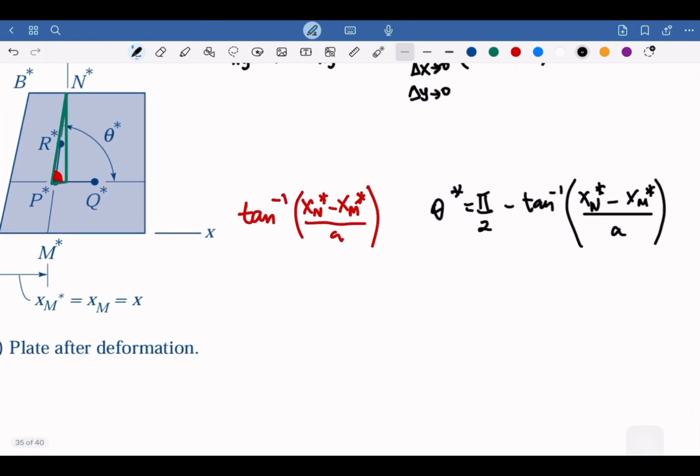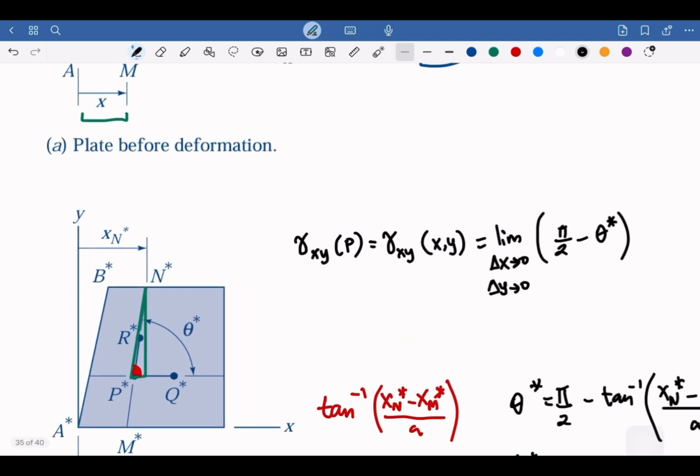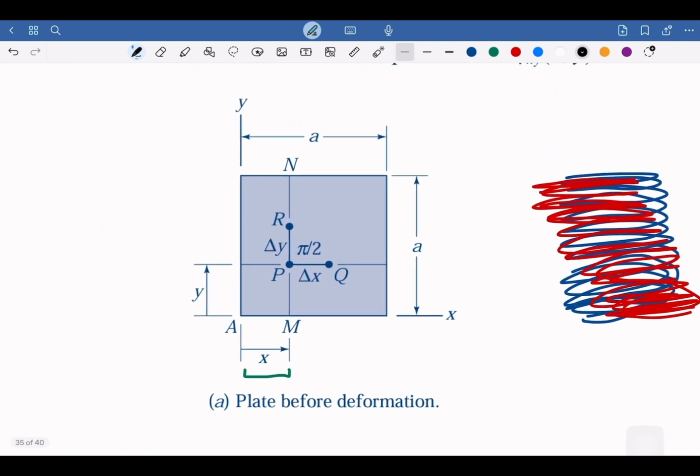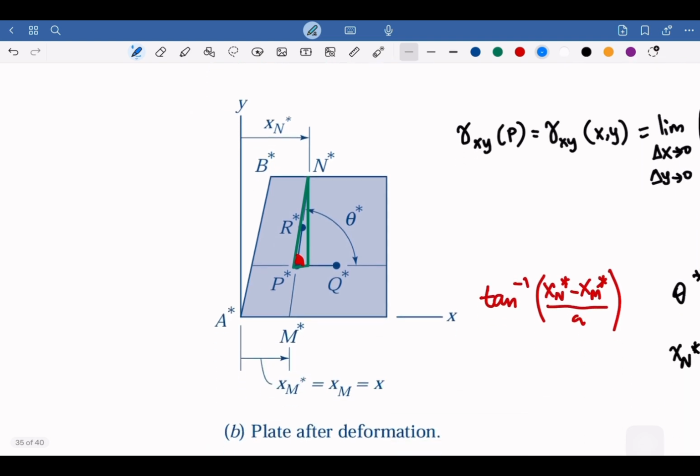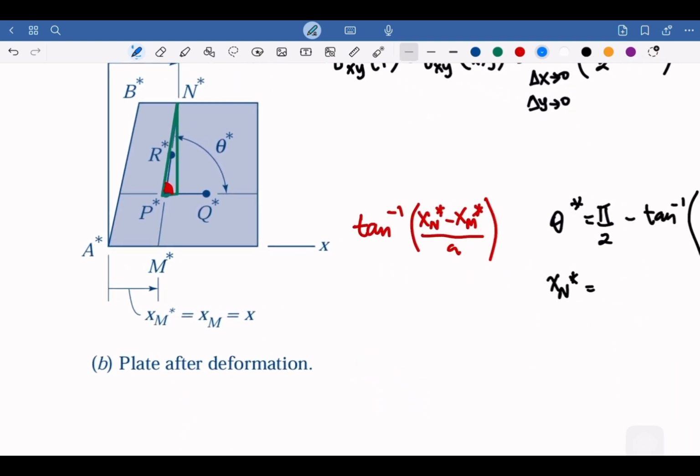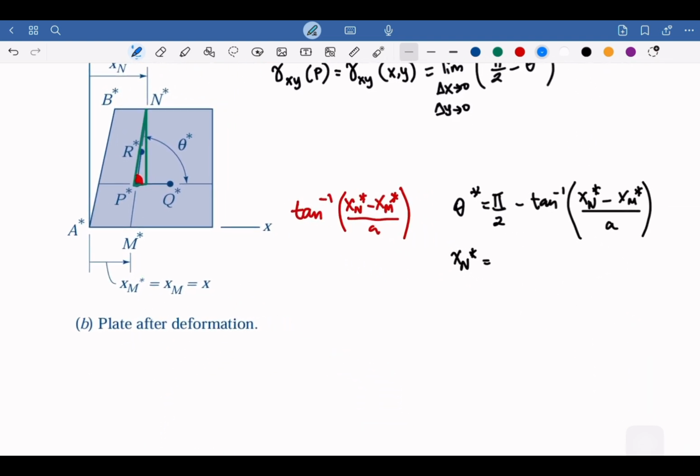And then what is xn? If we could see the idea, this is the original. The original length for xn is just the same as xm, which is the x distance at the same length. So we start with x plus some additional length here.